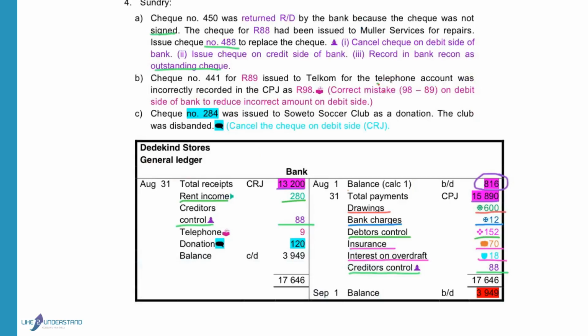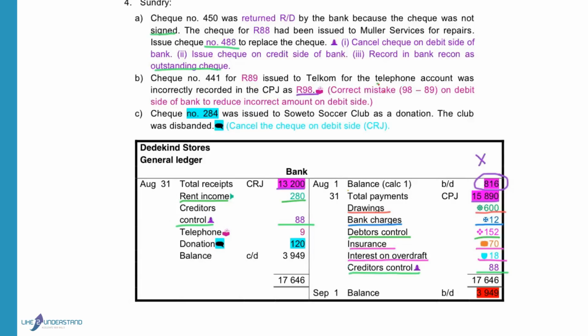Check number 441 for 89 Rand issued to Telkom for the telephone account was incorrectly recorded in the cash payments journal as 98. So it means that if we made a mistake in the cash payments journal, the amount that we recorded on the credit side of the bank was too high.